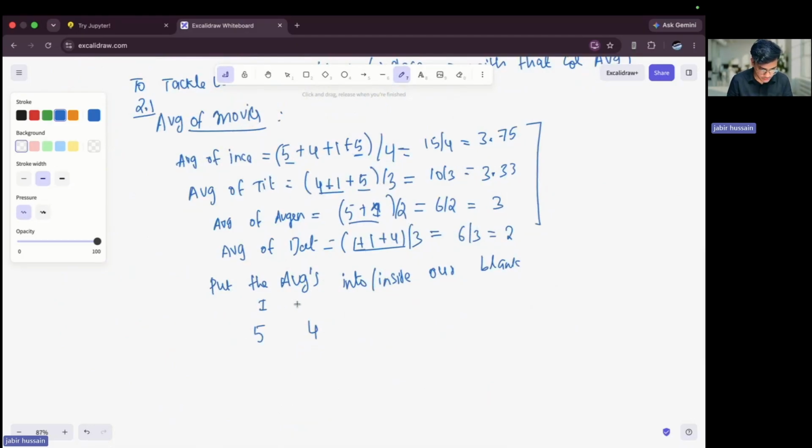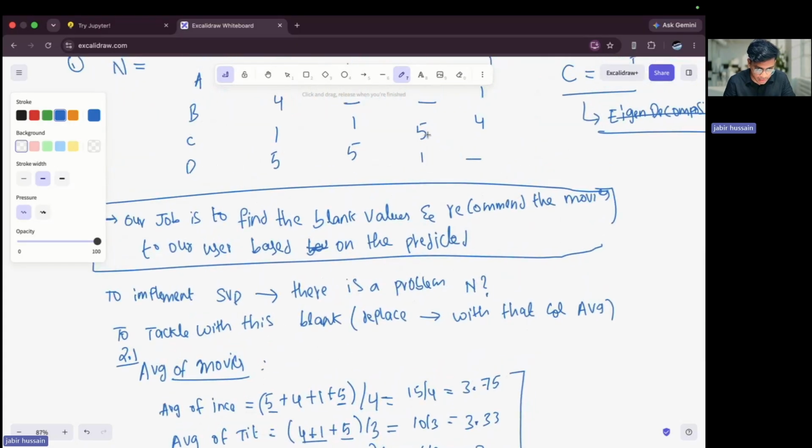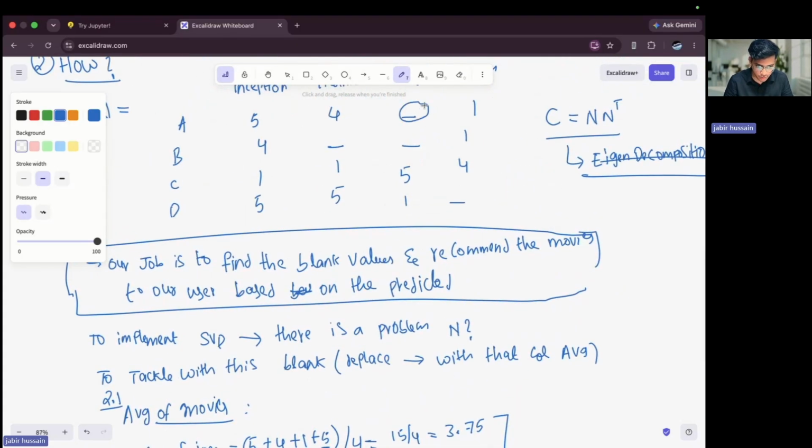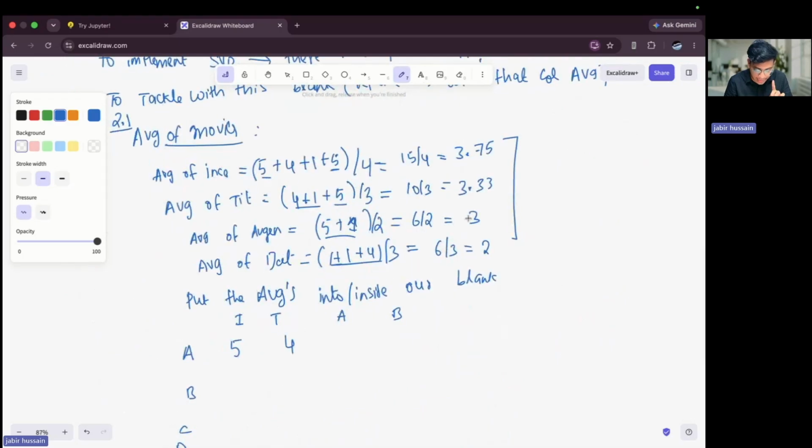The columns are Inception, Titanic, Avengers, Batman, and the rows are user 1, user 2, user 3, user 4. We don't have the value for Avengers here, so we'll put the average of Avengers, so 3, and Batman here is 1, and then 4.